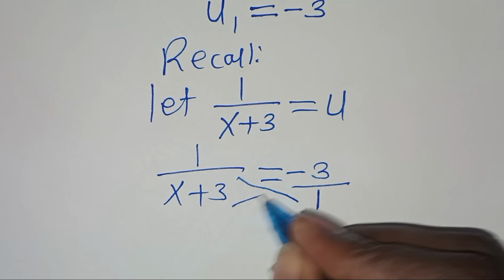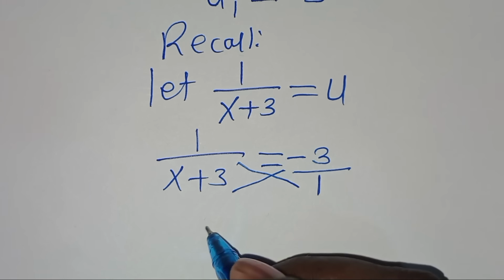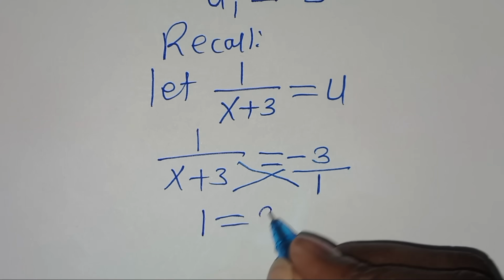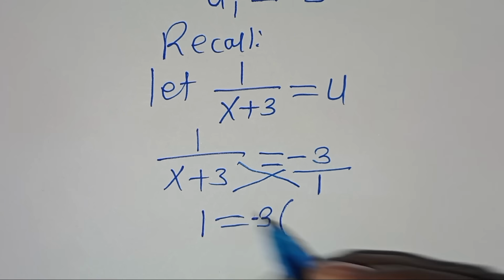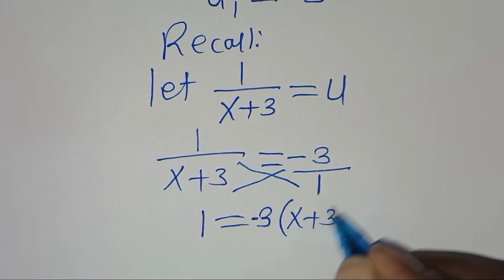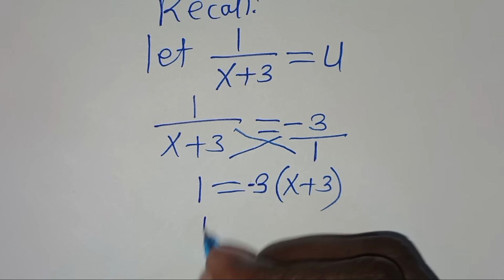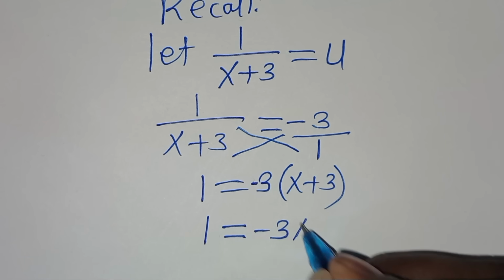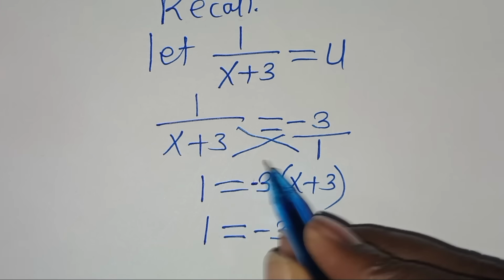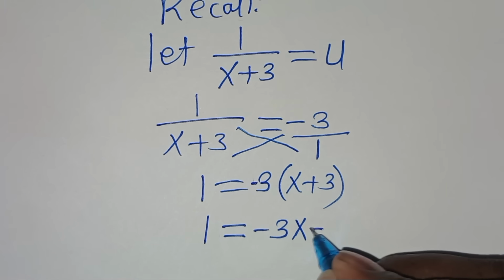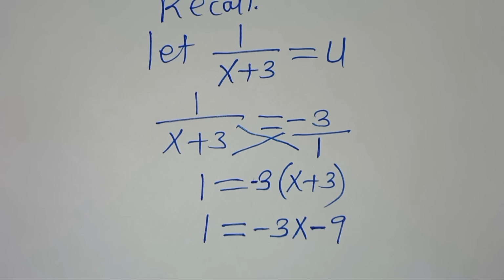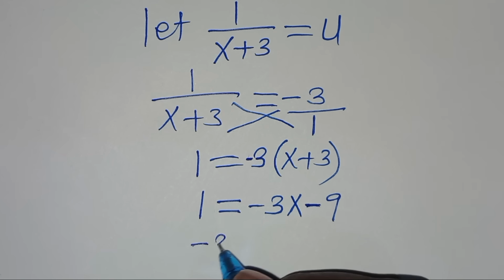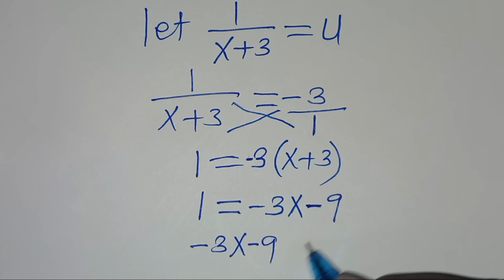Now the next step is to cross multiply, so that now we have 1 is equal to negative 3 multiplied by x plus 3. So this is 1, which is equal to negative 3 times x, this is negative 3x, then negative 3 times plus 3, this is minus 9. Now, we have negative 3x, subtract 9, this is equal to 1.